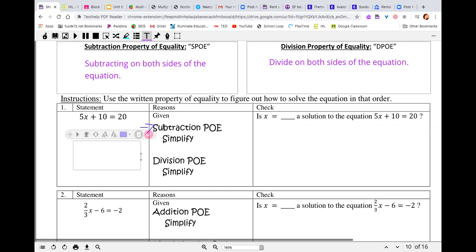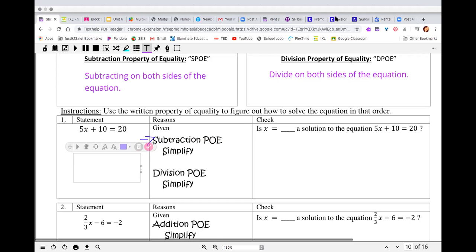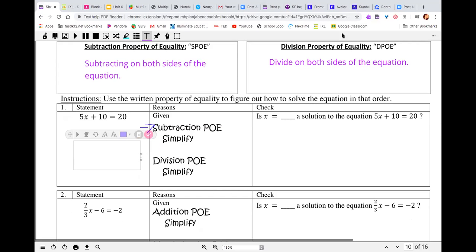And then it also says SPOE. Minus 10, yes. Okay. So if I'm not sure what to do yet, there's a clue. So I'm going to write minus 10, and minus 10. Let's see if that is lined up.